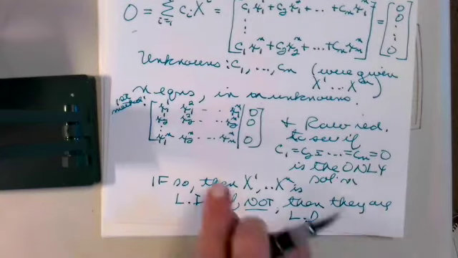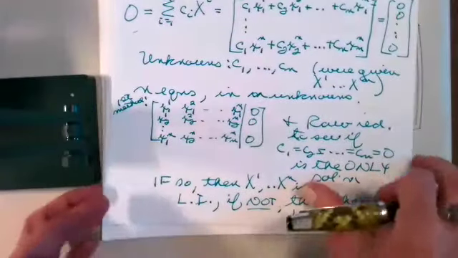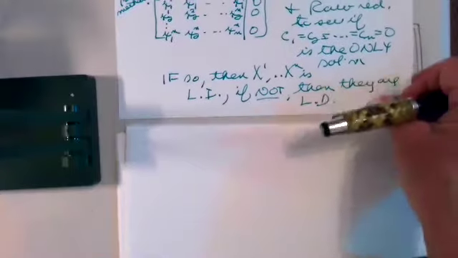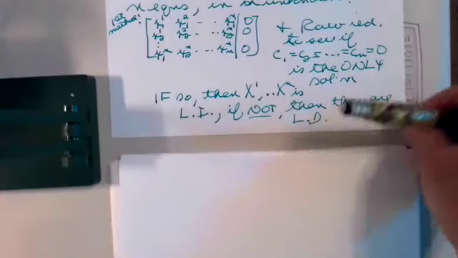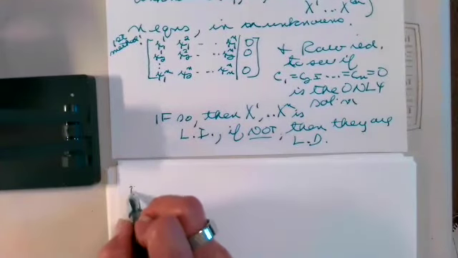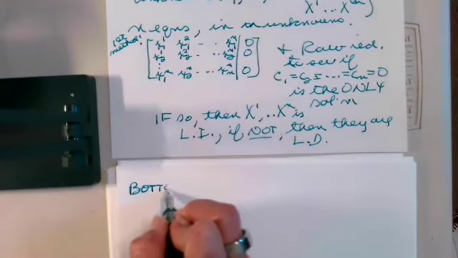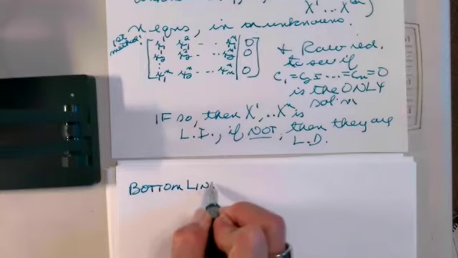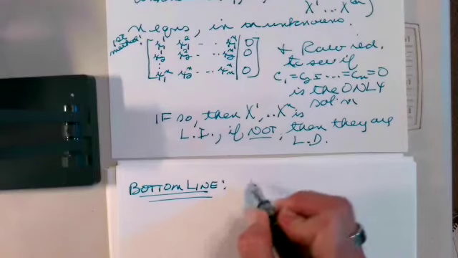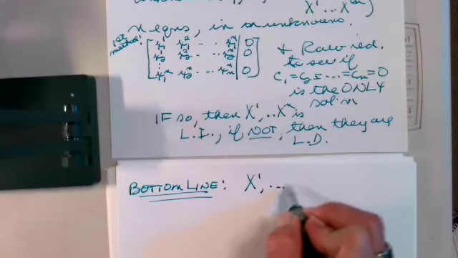So here's the bottom line for method 1. You're given x^1 up to x^n.